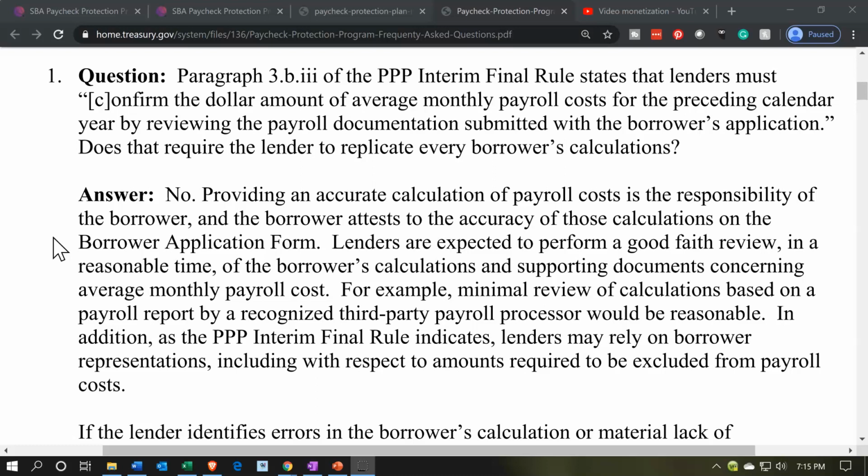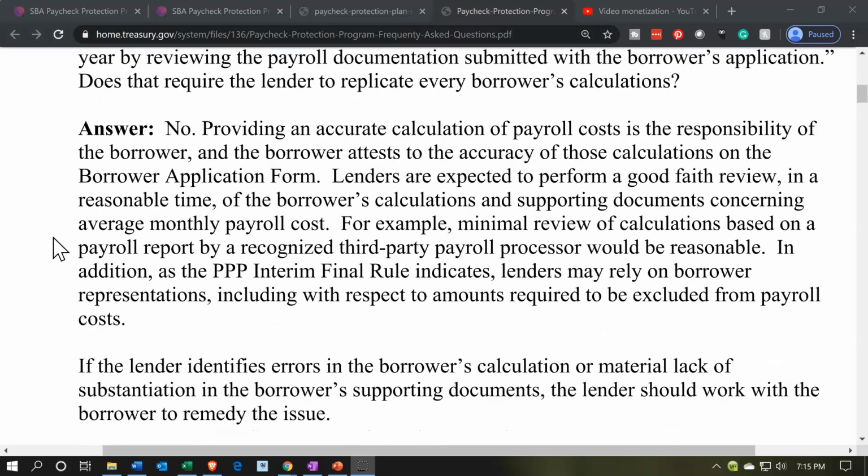Lenders are expected to perform a good faith review, in a reasonable time, of the borrower's calculation and supporting documents concerning average monthly payroll cost. However, for example, minimal review of calculations based on a payroll report by a recognized third-party payroll processor would be reasonable.